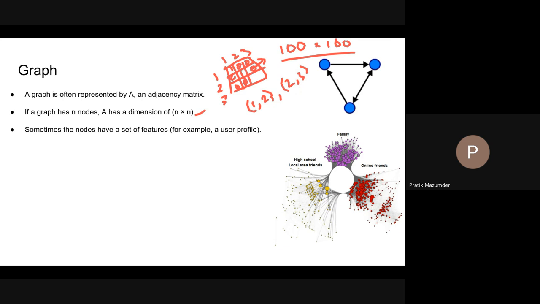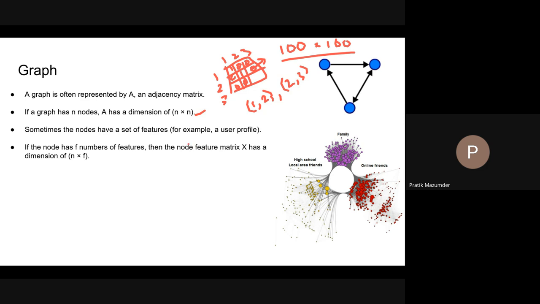So we'll consider that aspect as well, so that you can represent very complex data using this graph structure itself. You have your graph, which will have your nodes and edges, but each node can also have features, like a user profile, or say if you have a book or reviews, you can also have some sort of features about those books, or features about a review, something of that sort.